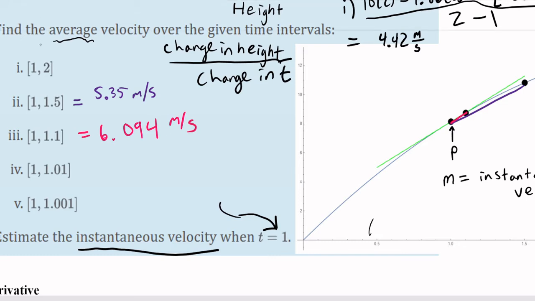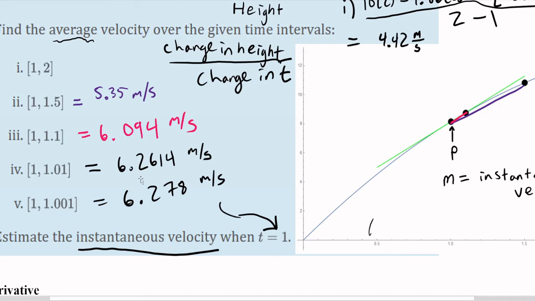And then the next one, again, you're just using change in height over change in time for these, ended up being 6.2614 meters per second. And finally, this last one ended up being 6.278 meters per second. Okay, so again, all these just came from Mathematica.